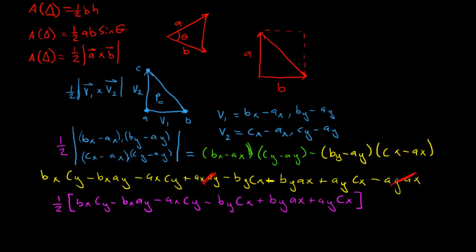And there's our area. Now, I know it looks really complicated, especially compared to this half over BH, but remember that doesn't necessarily work in a nice, easy, clean way when our triangle is oriented in some very odd fashion.